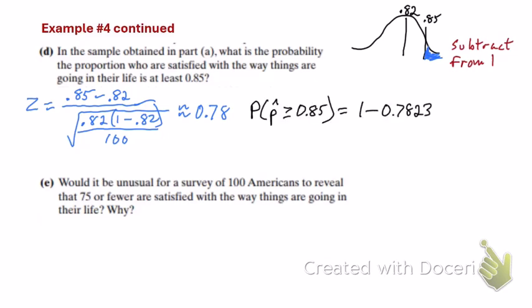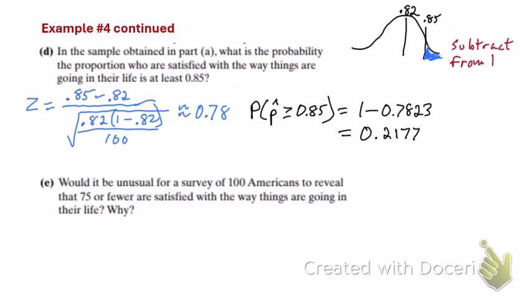And again, notice the notation. The probability that p hat is at least 85% is 1 minus what I found in the table, which is this. What does that mean? It means if I got a sample of 100 Americans and did it right, the probability of that sample having at least 85% of the participants being okay with the way things are in their life is just a little less than 22%.